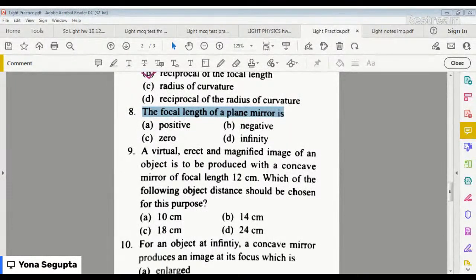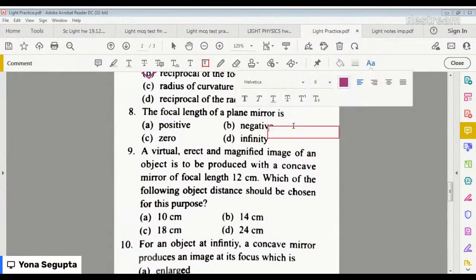The focal length of a plane mirror is infinite, because we all know the parallel rays after reflection from a plane mirror meet again at infinity. At infinity. So this is the answer.